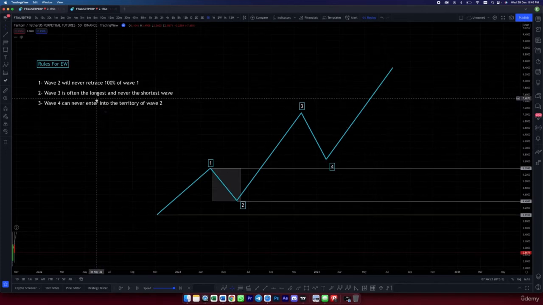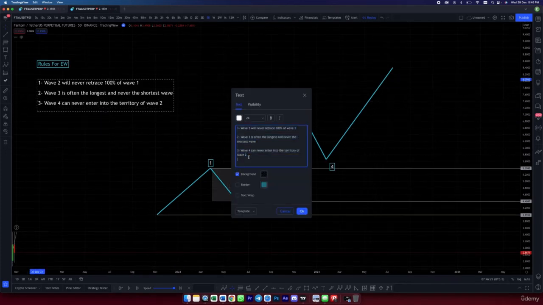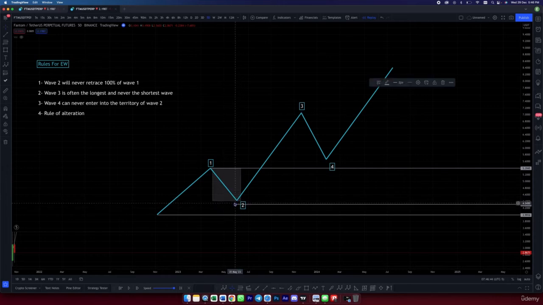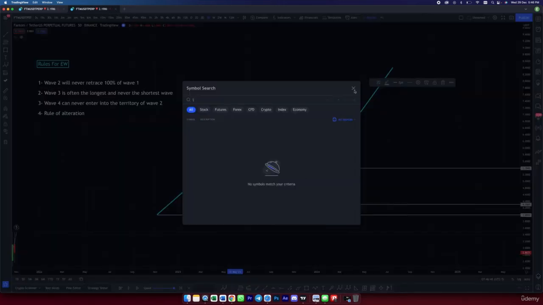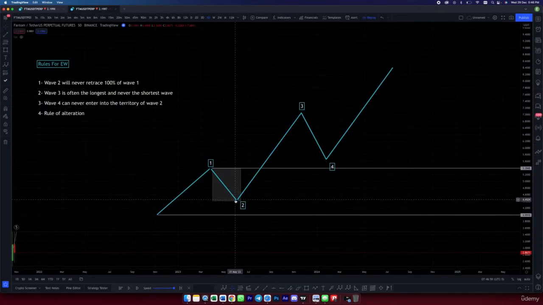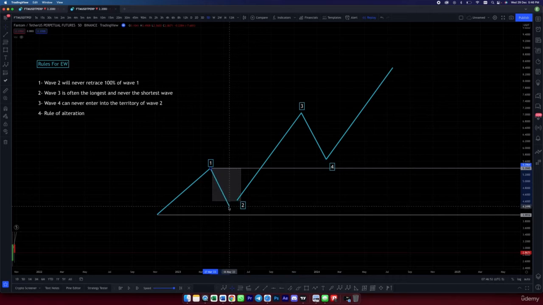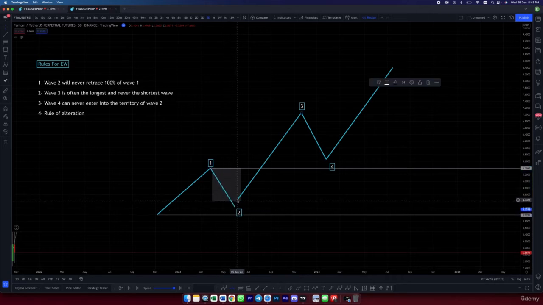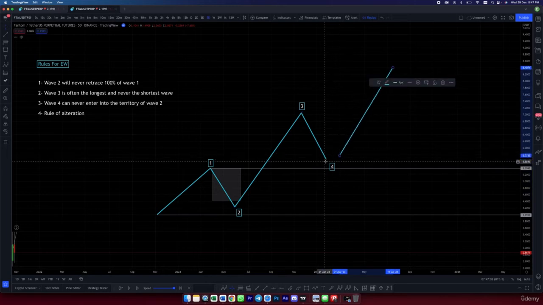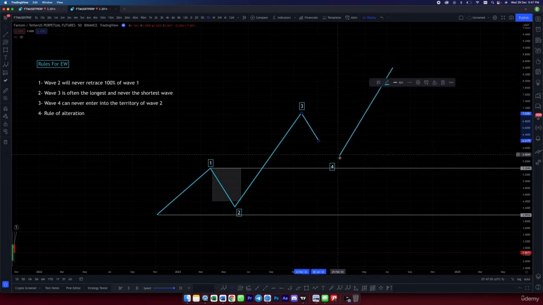So the next thing to keep in mind, you can call it the next rule, that is called the rule of alternation. Rule of alternation means that if wave 2 retraces more, let's say you see a deeper correction, then you can expect wave 4 to do a very shallow correction.